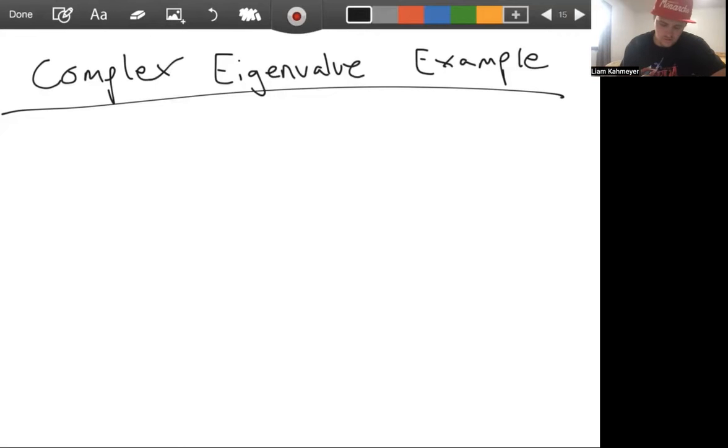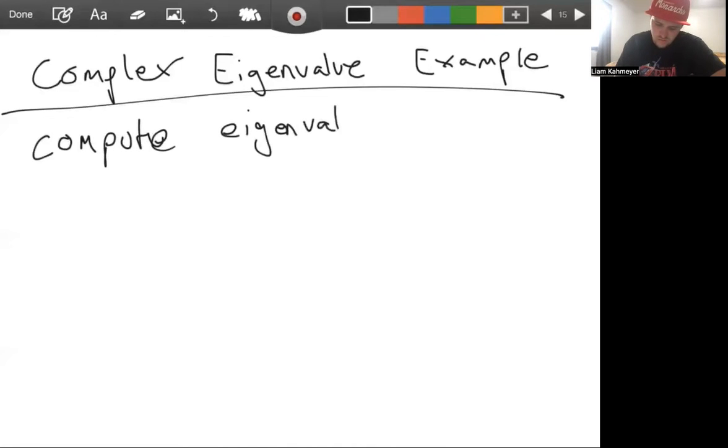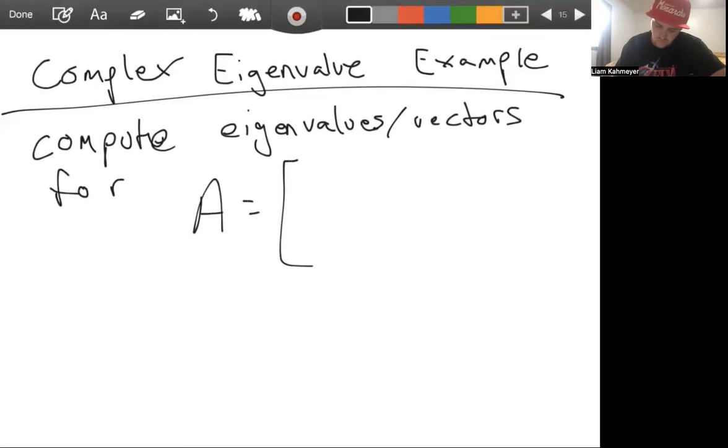So let's compute the eigenvalues. What we want to do is compute the eigenvalues and vectors for A, which is 1, 0, 0, 0, 2, 1, 0, negative 1, 2.